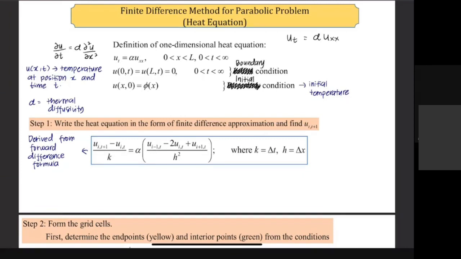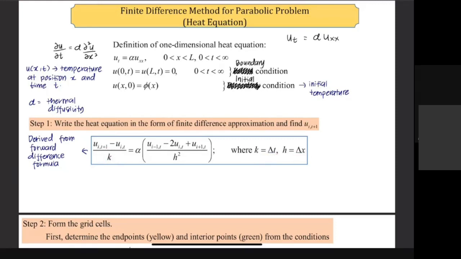Okay, the first step is to write the heat equation in the form of finite difference approximation. Remember, FDM involves finite difference approximation, given by this formula. This equation is derived from the forward difference formula that you have learned before, where k is the difference of t and h is the difference of x.